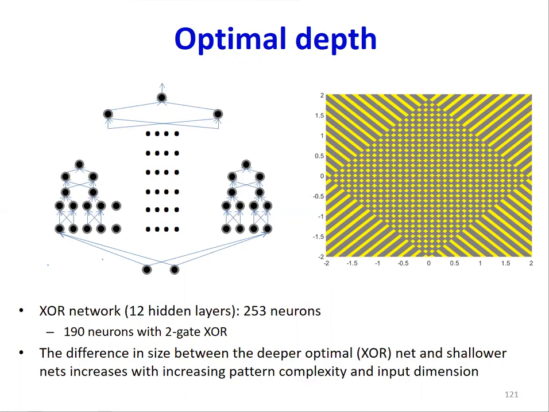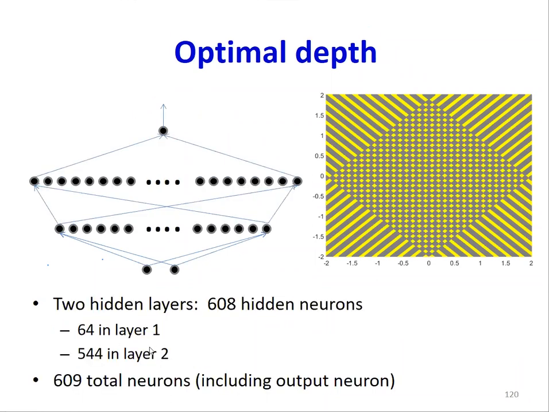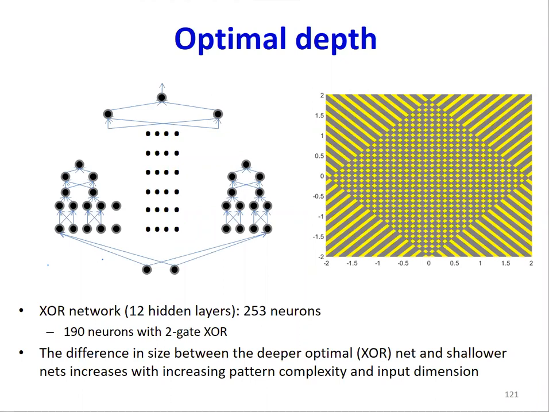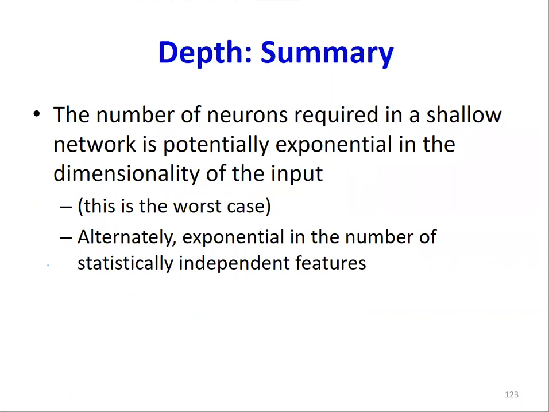That's all it takes, plus the 64 neurons for the 64 lines. So if I did this with an XOR circuit, I don't need 609 neurons. I could do this with 190 neurons. And as the dimensionality of the input and the pattern complexity increases, the difference between the deep network and the shallow network can increase tremendously.